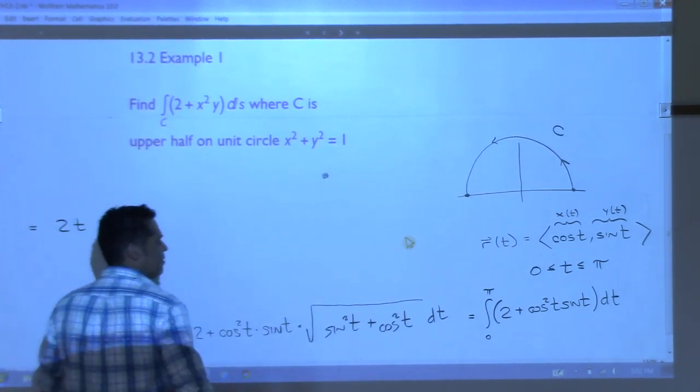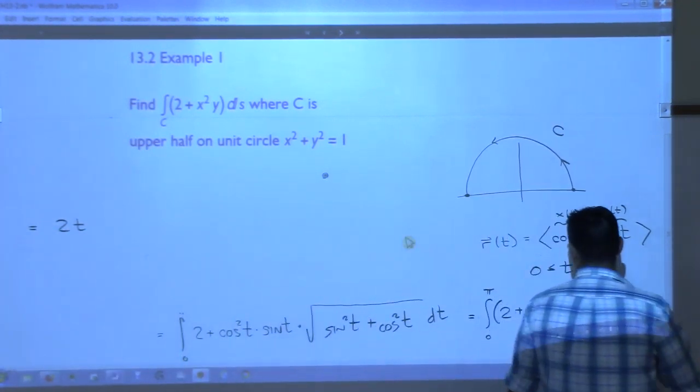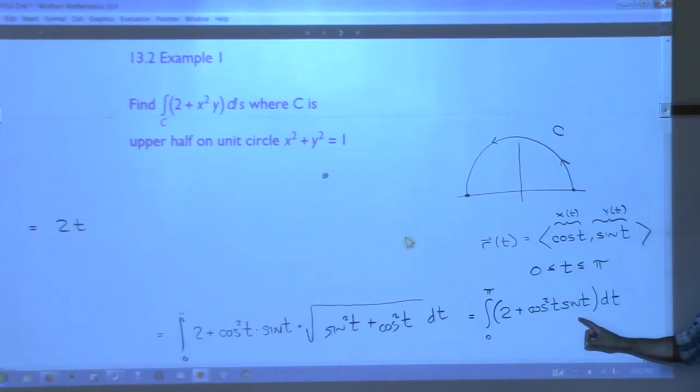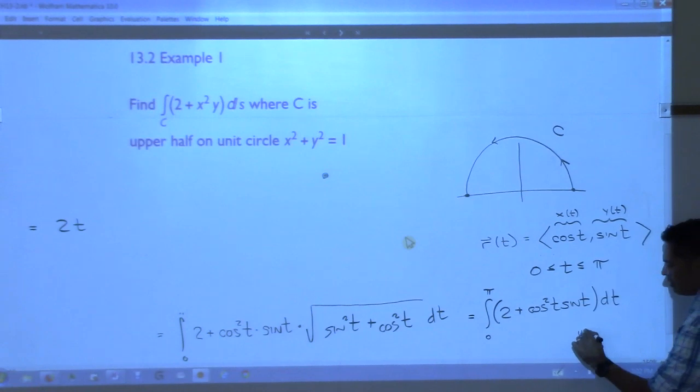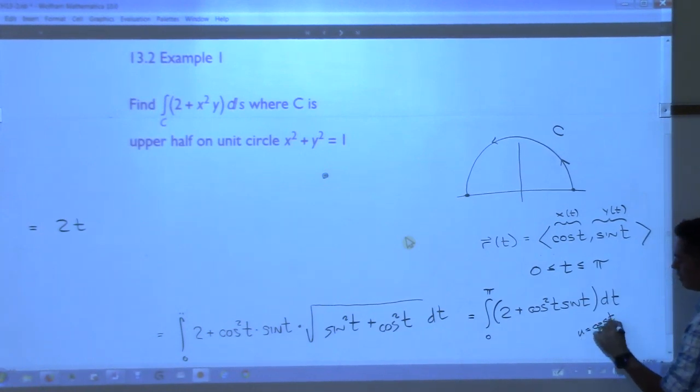And then I need to think about this for a second. I'm going to use a basic u substitution. U is cosine t. The derivative of that is negative sine t dt, which I have, but I'm off by a sign.